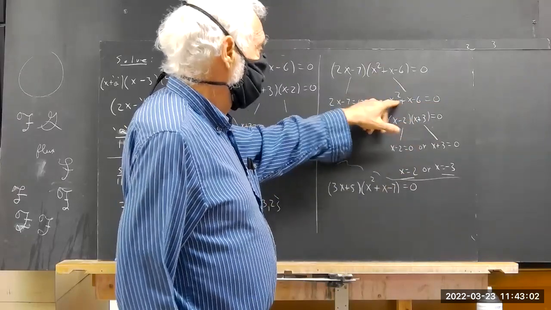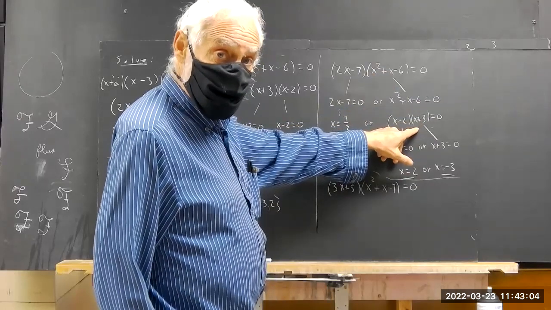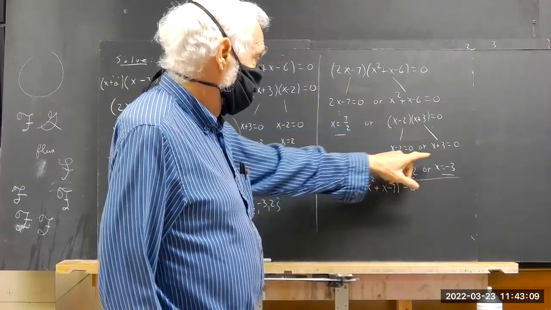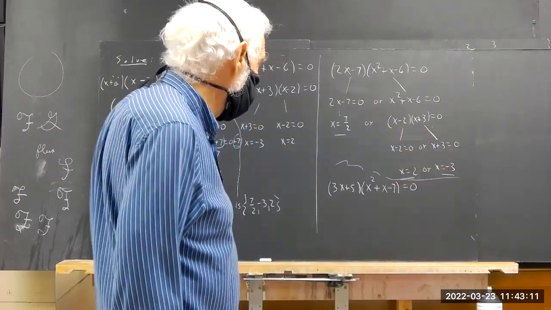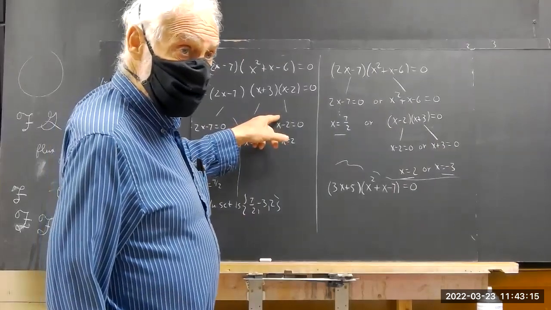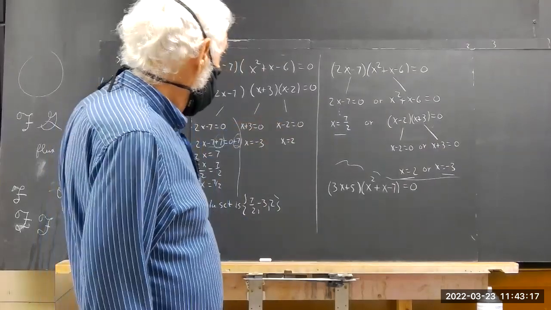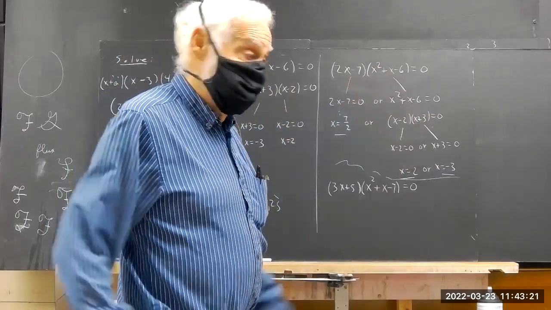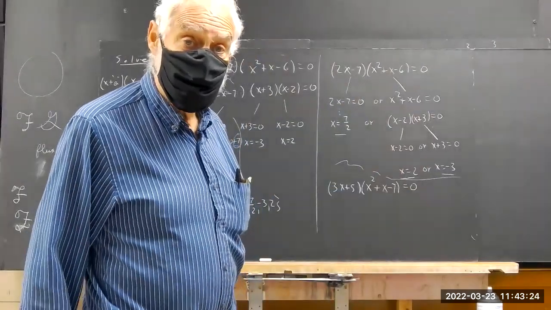This equation can be expressed in terms of the factors and splits into two equations, x minus 2 equals 0, x plus 3 equals 0. Well, at this point, we've got the same three equations that we had up here, don't we? Okay. So the question is, do we factor first or do we factor later? Doesn't make a bit of difference.